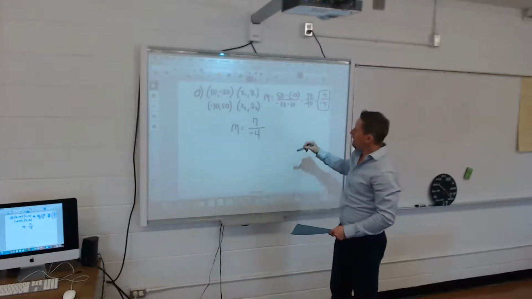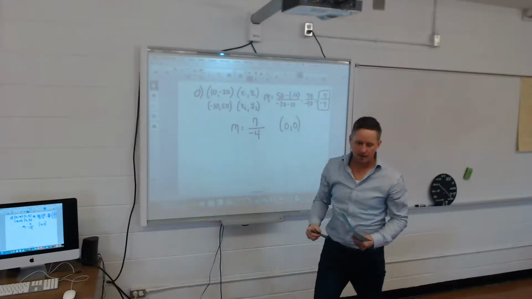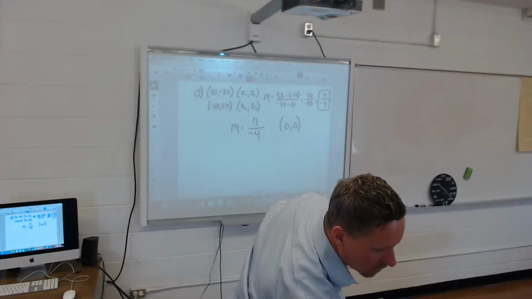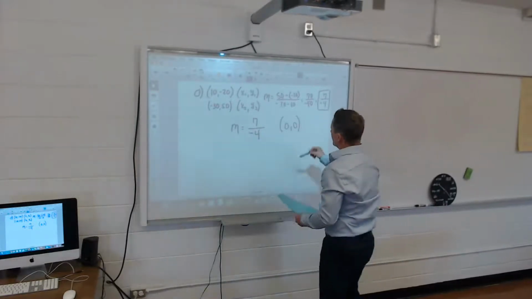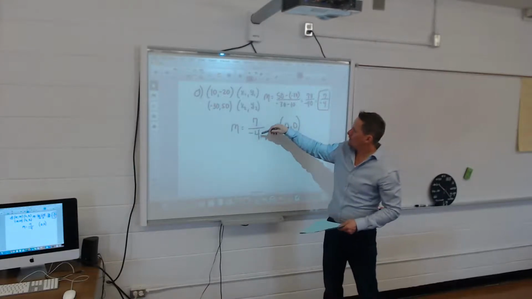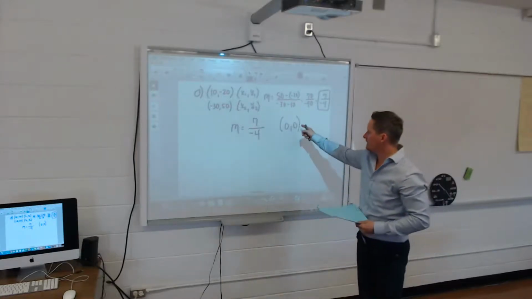Let's say I was starting at 0 and 0. My starting coordinate is 0 and 0. Where do I go from 0 and 0? If my slope is 7 over -4, what does this tell me to do? Which way do I go from 0 and 0 to get to the next one?